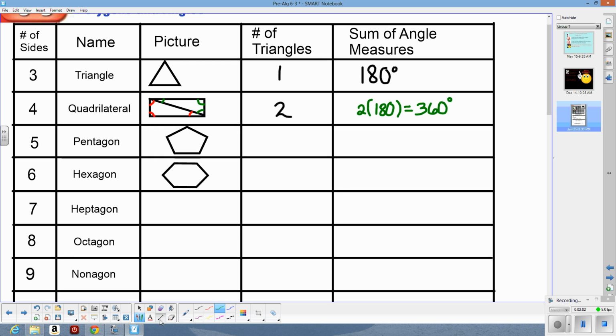A pentagon, if I want to divide that into the fewest number of triangles, I'm going to just pick one of the vertices and go from there, connecting it to all of the others, and I end up with 3 triangles.